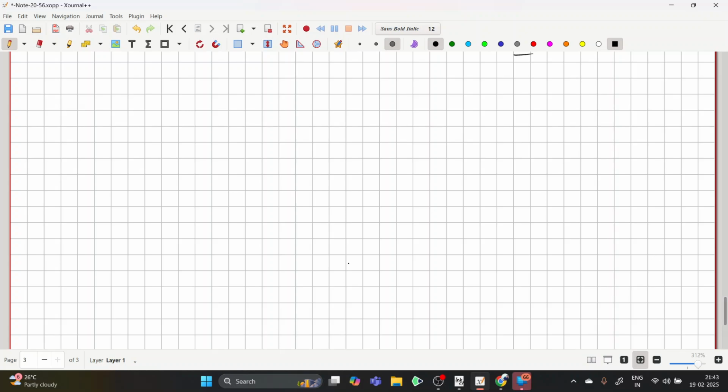Now recall, I am once more writing out a theorem which we have already done in some previous lecture. Suppose V is a neighborhood of the origin in X. X is again a topological vector space.